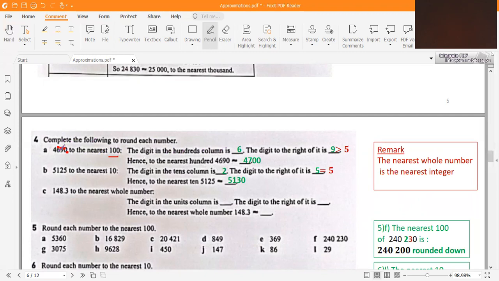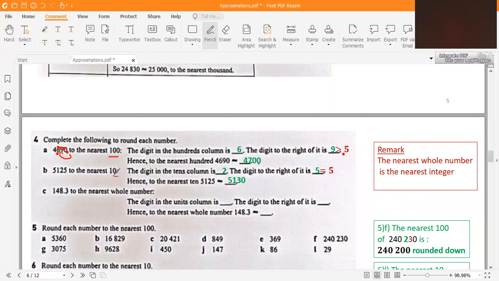On the right we have 9. 9 is strictly bigger than 5, so we add 1 to the digit in the hundreds column. We obtain 47, and we replace everything on the right by 0. So the rounded up number is 4,700, and so on.